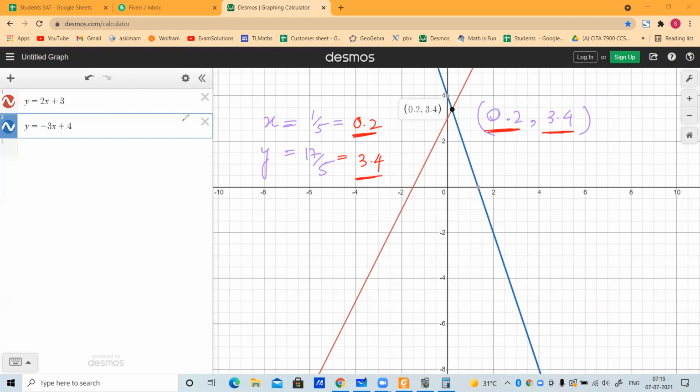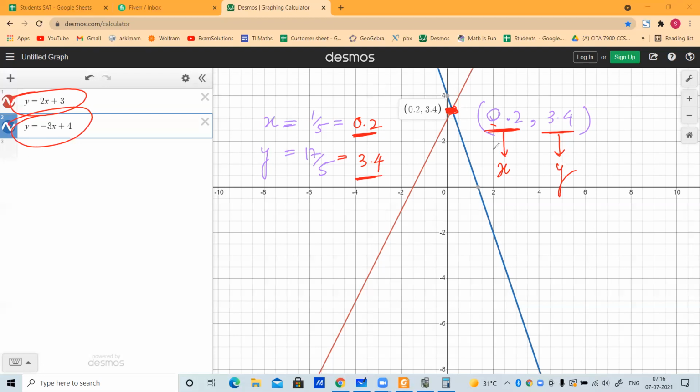That means when you're solving a system of two equations, you are getting the coordinates of the point where the lines intersect each other. You got the value of x as 0.2 and the value of y as 3.4.